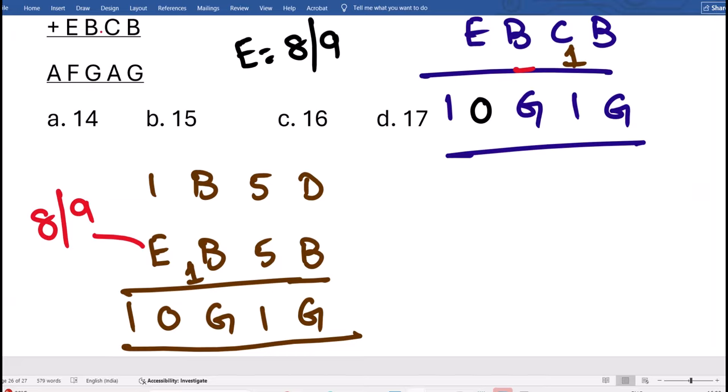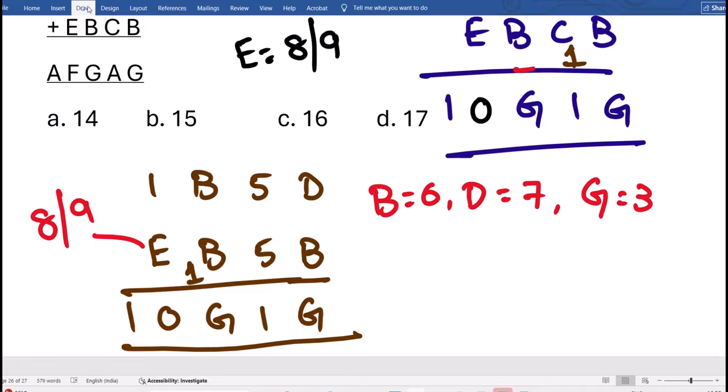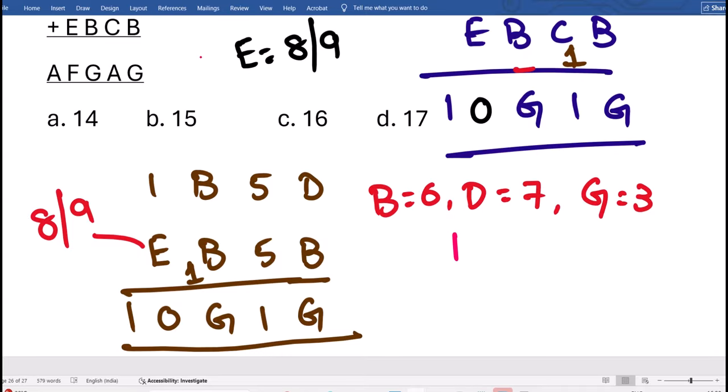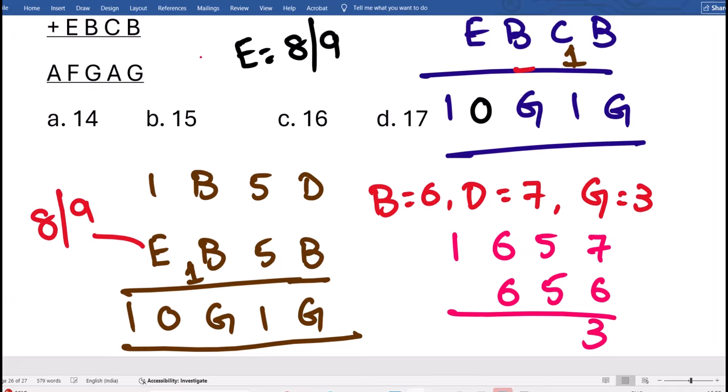Okay, B value. D is 7, G 3. So see the trial and error we have to apply, then we can say 1, 6, 5, 7. D value 6, you can see 13, 11, again 13.